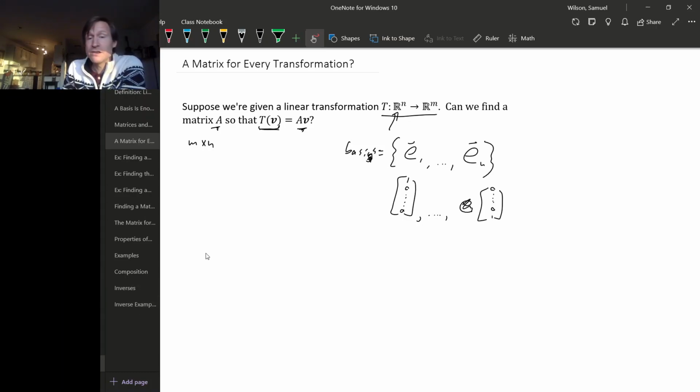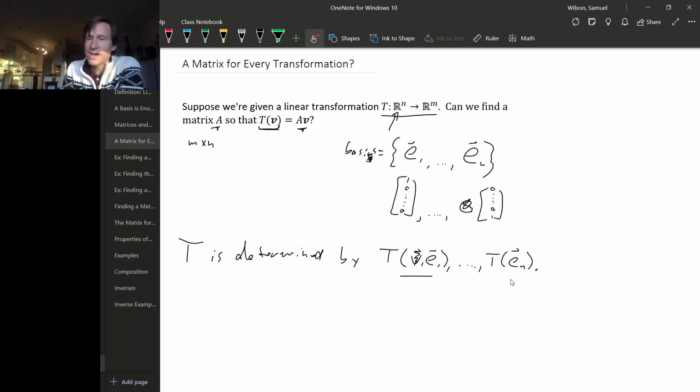So because a linear transformation is determined by its values on a basis, we know that T is determined by its values on this basis. So T of E1, T of E2, and so on, all the way down to T of En.